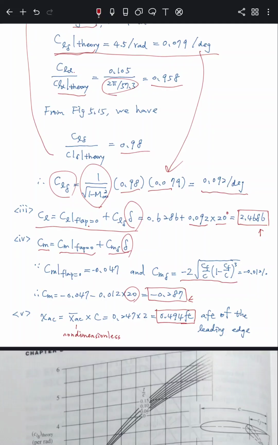Finally, for XAC, because XAC bar is dimensionless, we have to multiply by C, the chord line, which is 2 feet, so we get the result of 0.494 feet after the leading edge.